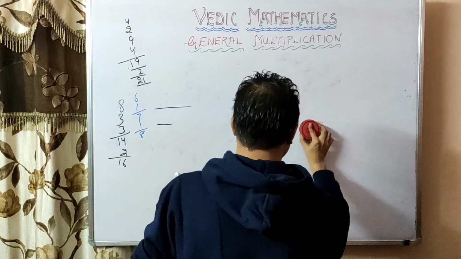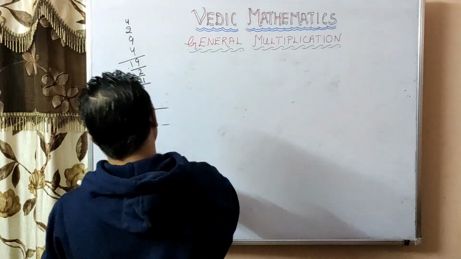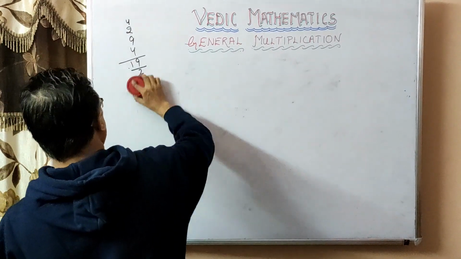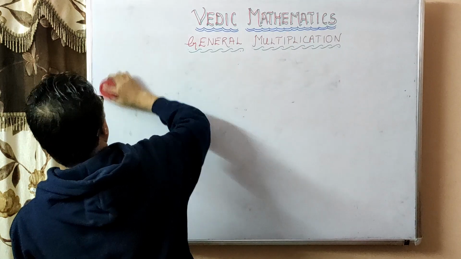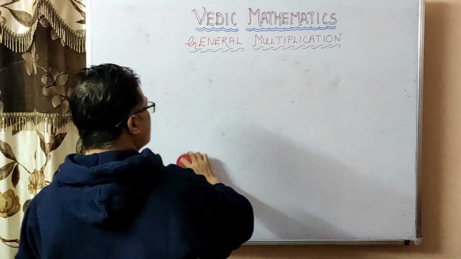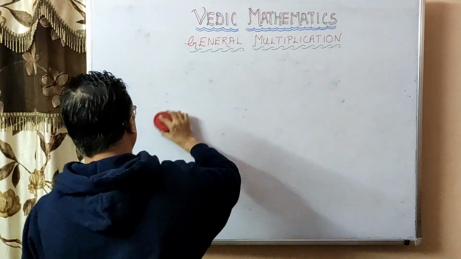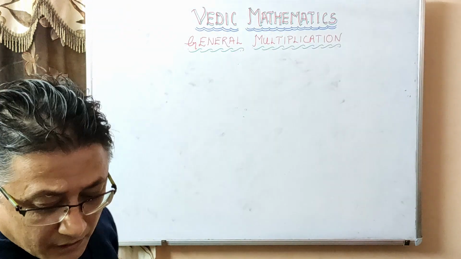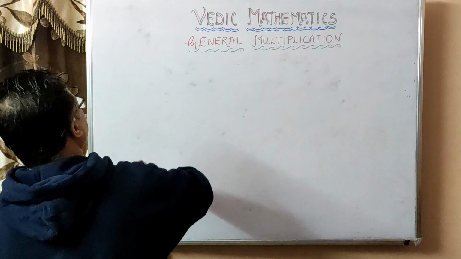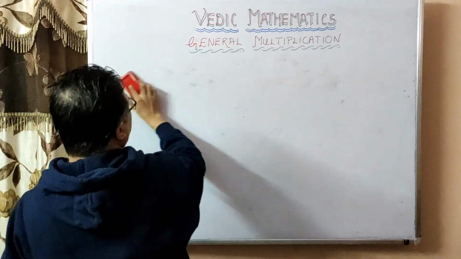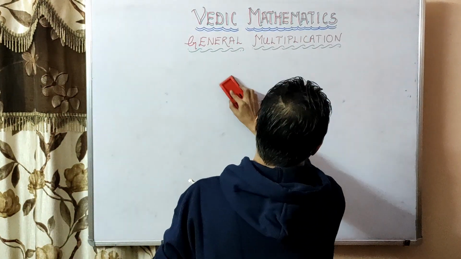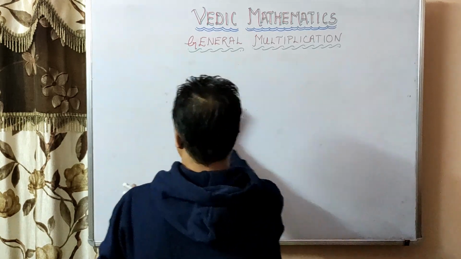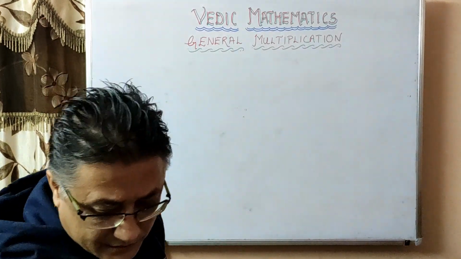And you can use this method for multiplication of any number of digits, 6-digit numbers, 7-digit numbers, 8-digit numbers, 9-digit numbers, and you can do all the calculations mentally. You don't need to write them. I am just doing them here because I have to explain it to you. Otherwise, all these calculations can be performed mentally and they can be performed within seconds.